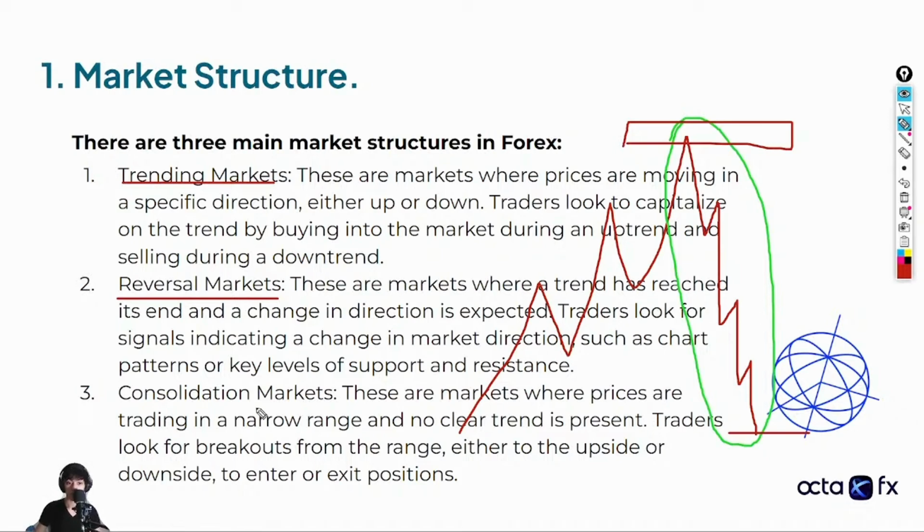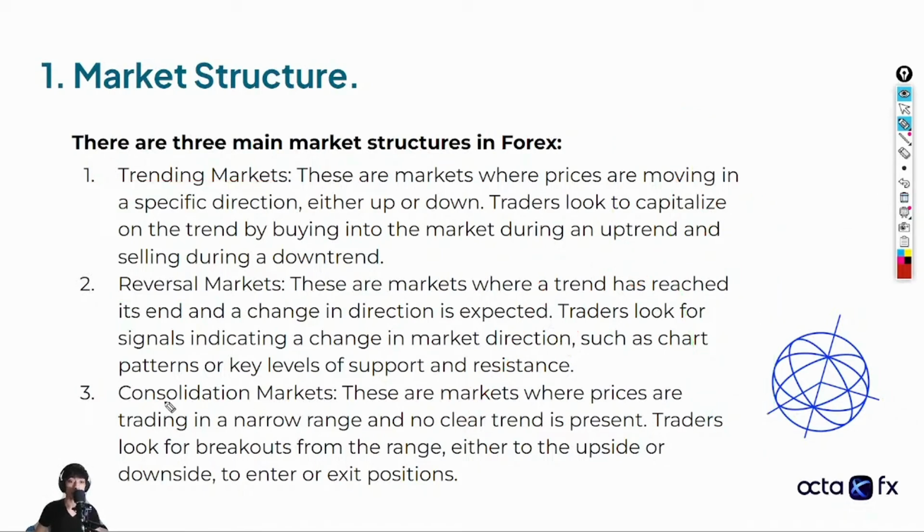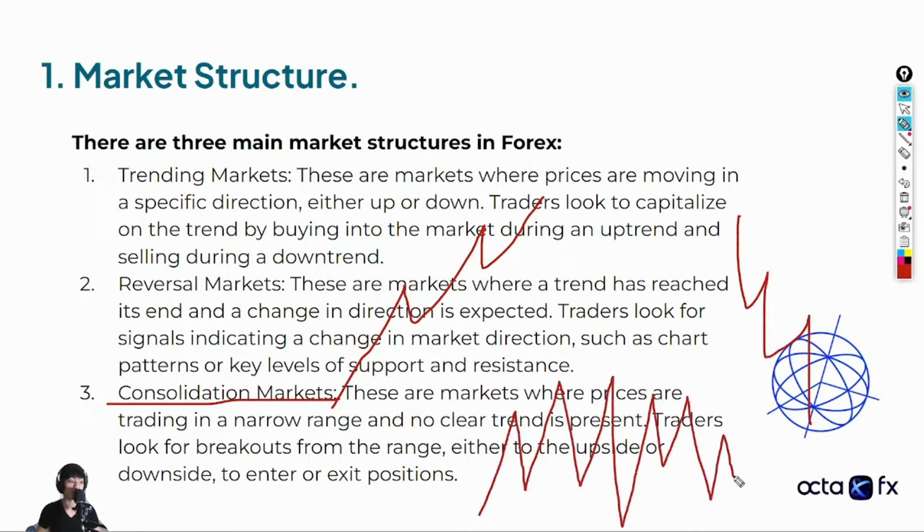Okay, and of course, the last thing is we have consolidation markets. Consolidation means that the price is going nowhere. So while we have an uptrend and downtrend, we also have a sideways market, or what we can call a consolidation. Every time the price is acting like this, it is just going nowhere. We can put a resistance and support at the same time.